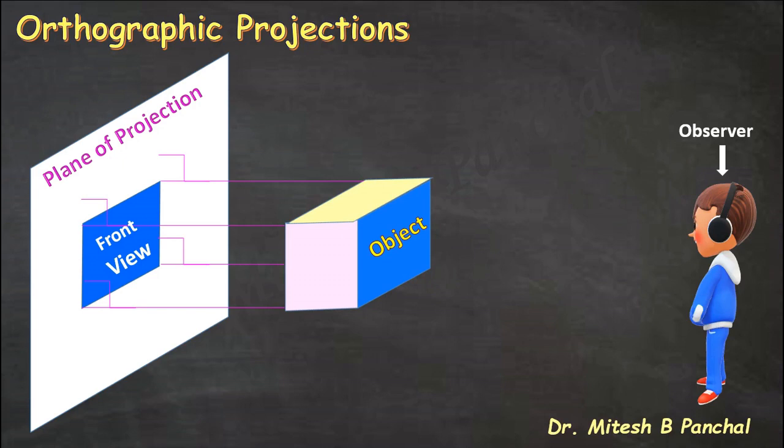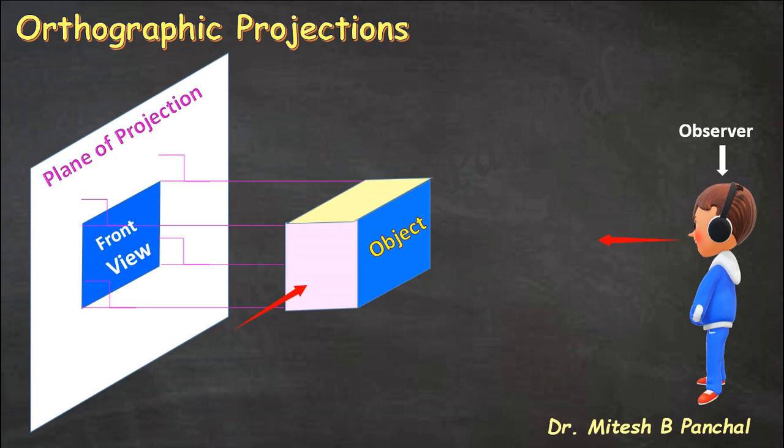Now we will see how we can obtain the other views. Here the front view is obtained while looking from this direction, right? Now when you look from this side, how can we obtain the other view? That we will see.